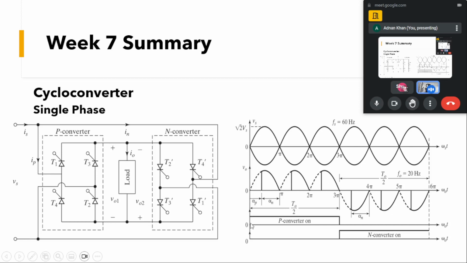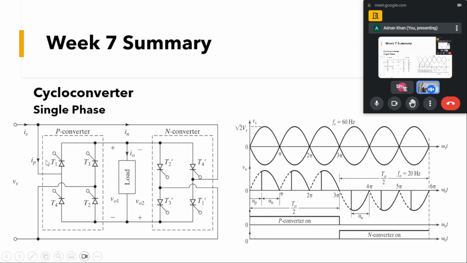That means for the positive half, the P converter will be turned on, and for the negative half, the P converter will be turned off. The positive current will conduct through the P converter, and the negative current will flow through the N converter, because negative current cannot flow through the P converter.